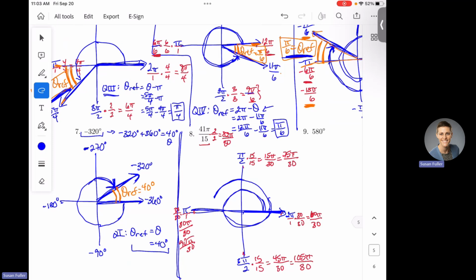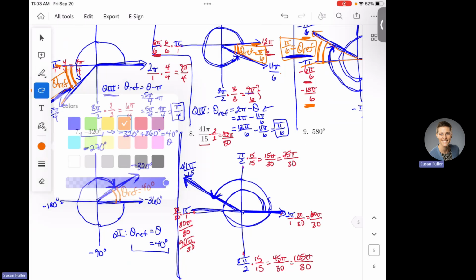I'm going to go closer to 90 than the 75. And so here we're going to be over here somewhere. Okay, there is my terminal side, and I'm here in quadrant 3.